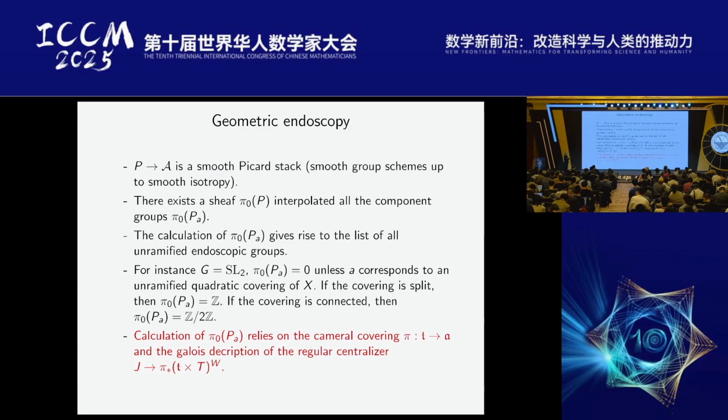So basically, to do this endoscopic decomposition, you need two things. You need the regular centralizers, and you need the fact that the regular centralizer can be described by way of these Cameron coverings. So this is roughly what we say: J is the W-invariant of the trivial torus, modded out by W, and this is almost an isomorphism.